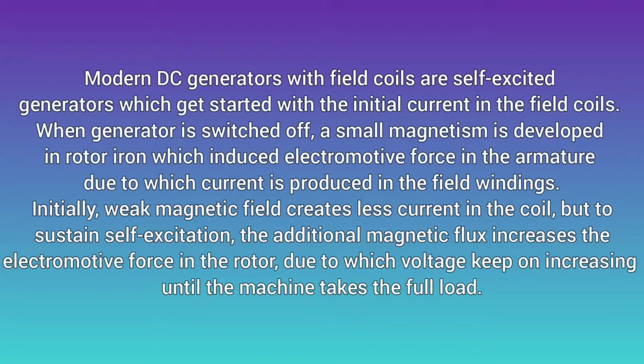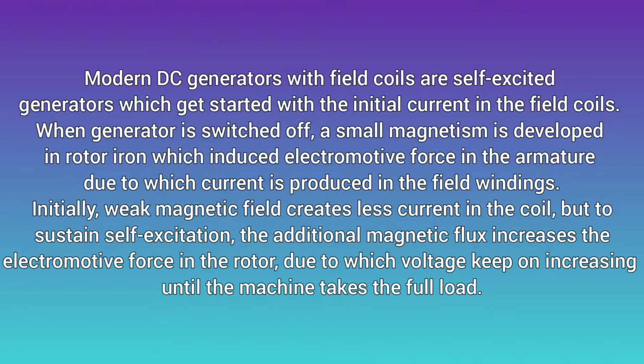Modern DC generators with field coils are self-excited generators which get started with the initial current in the field coils. When the generator is switched off, a small magnetism remains in the rotor iron, which induces electromotive force in the armature, due to which current is produced in the field windings.